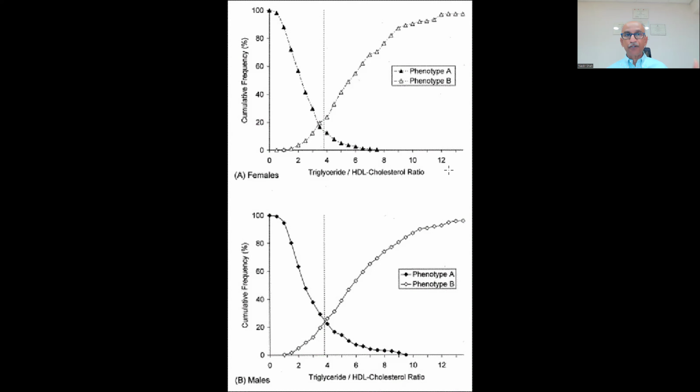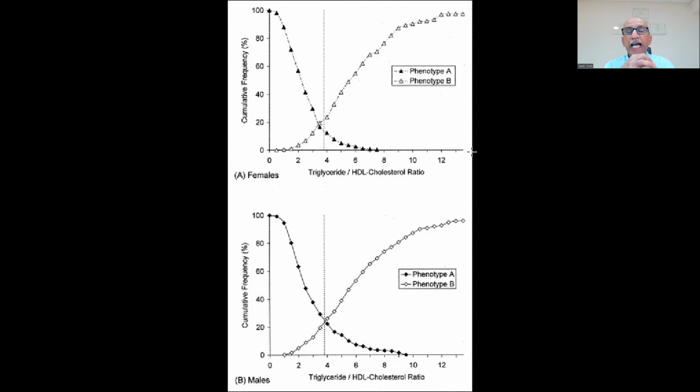So I just spoke to you in the previous slide about the lower triglyceride to HDL ratio. Now these two sets of curves here, one with the dark triangles and one with the light triangles, are the types of particle distribution.